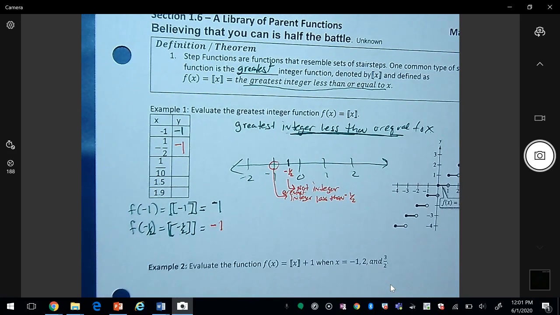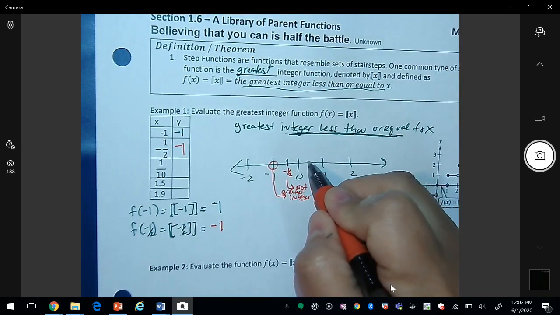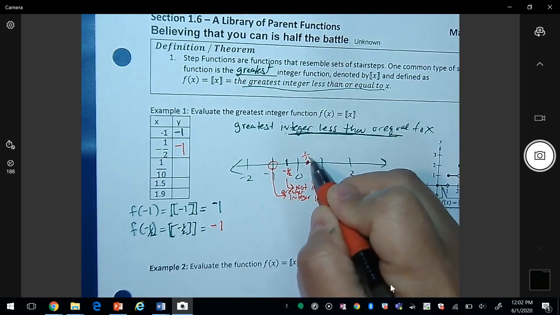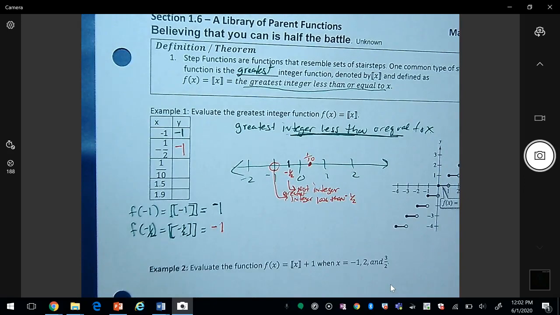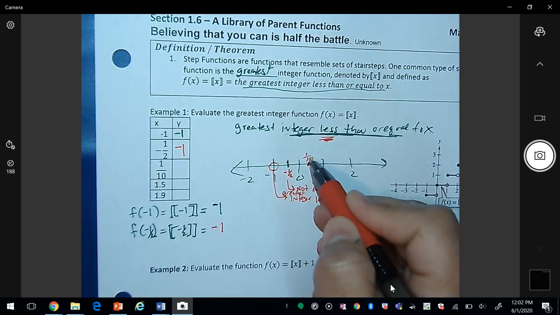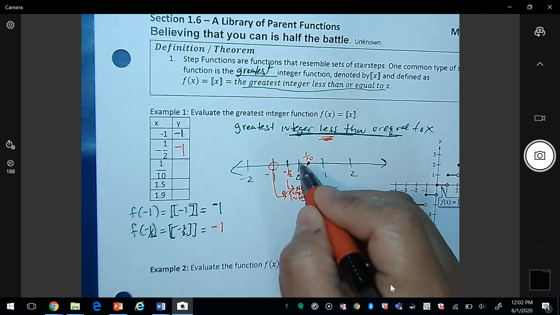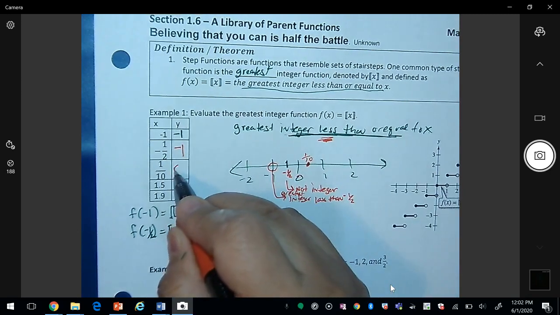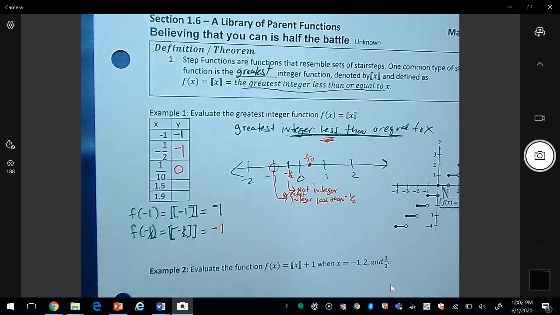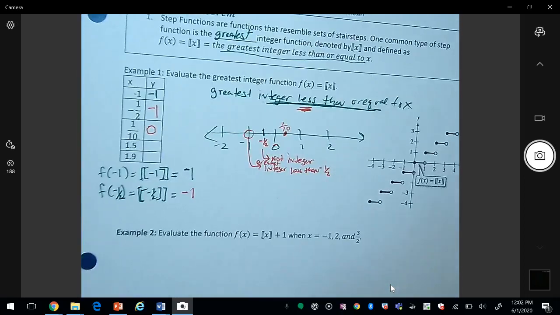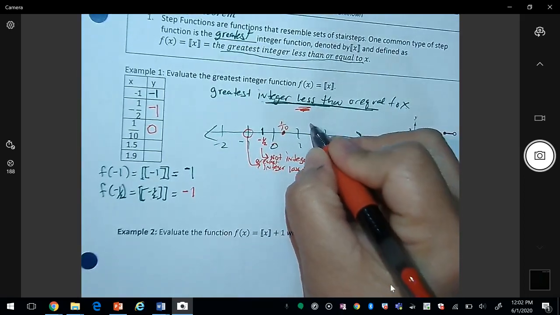So another example, 1/10 would be somewhere in here. This is 1/10. Okay, so 1/10 is not an integer. So the greatest integer, and keywords, less than 1/10 would be 0. So we go to the left. So the first greatest integer less than 1/10 is 0, since that's the first one to the left. So that would be a 0. 1.5 is right here.